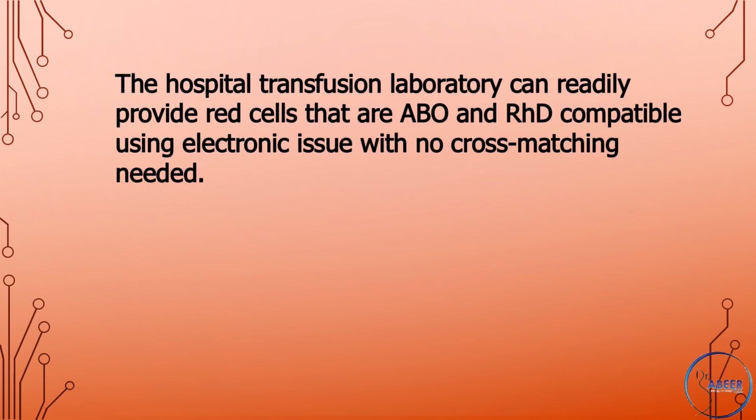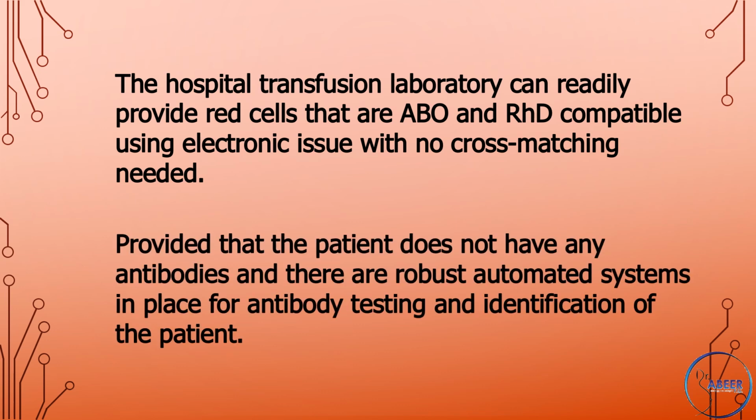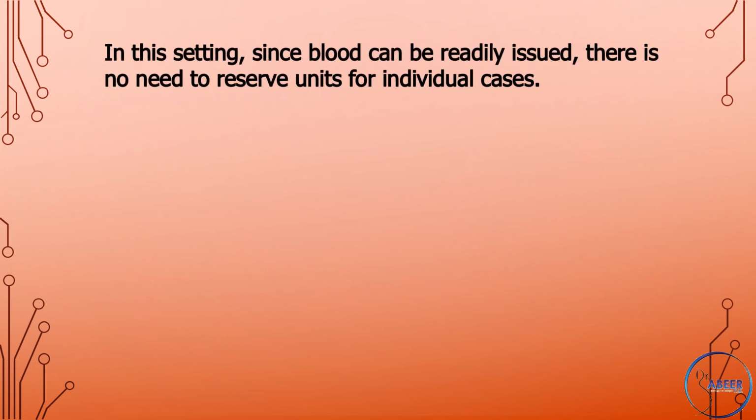The hospital transfusion laboratory can readily provide red cells that are ABO and RHD compatible using electronic issue with no cross-matching needed, provided that the patient does not have any antibodies and there are robust automated systems in place for antibody testing and identification of the patient. In this setting, since blood can be readily issued, there is no need to reserve units for individual cases.